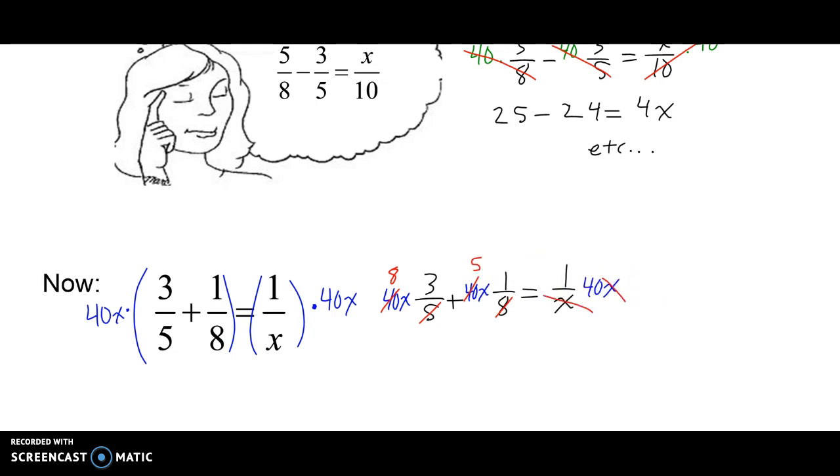Back in Chapter 2, we never would have canceled x's, but here in Chapter 6, canceling x's is no big deal. And we're left with 8 times x times 4 is 32x, 5 times x times 1 is 5x, and 1 times 40 is 40. We're left with a fairly simple equation to solve.